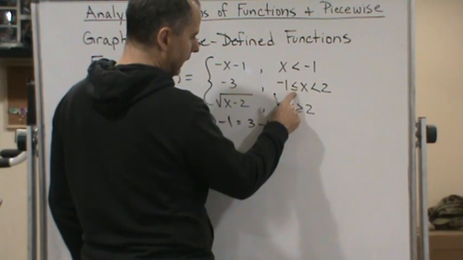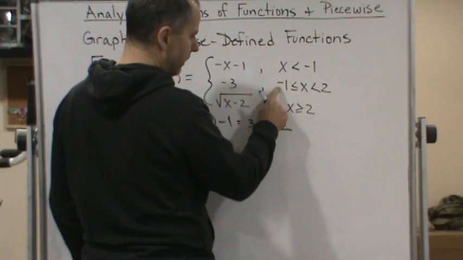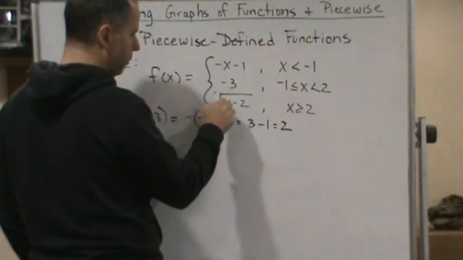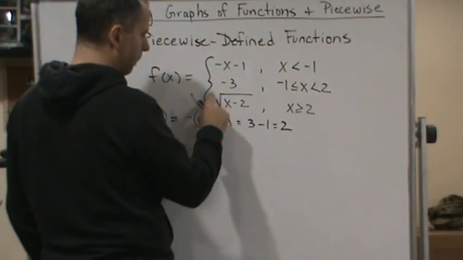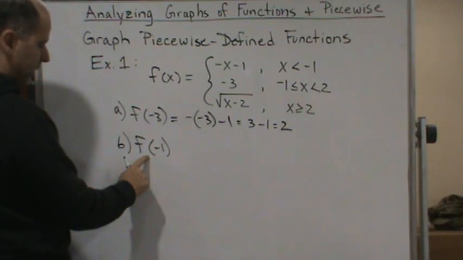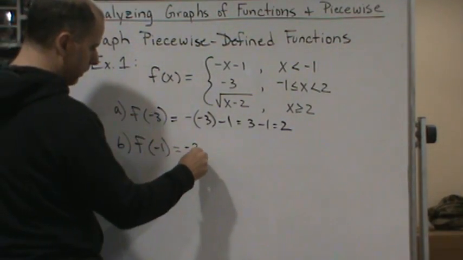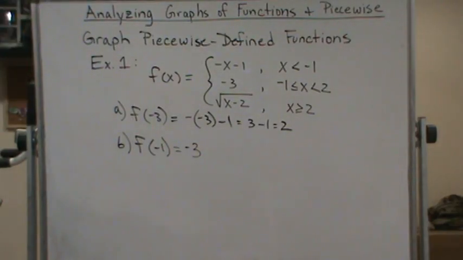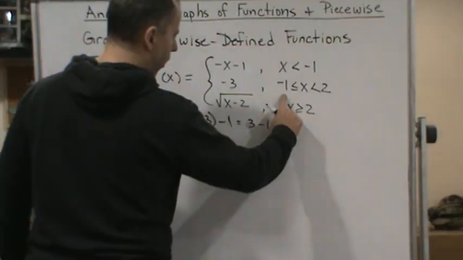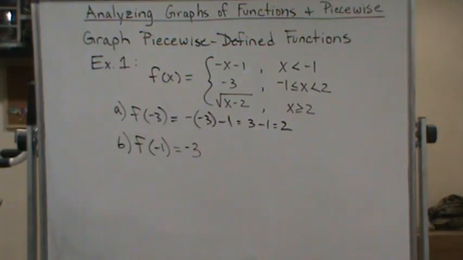The equal sign here tells you that -1 is included in this interval. So we're going to use this rule here, -3. That means f of -1 is equal to -3, because f of x for all values in this interval is equal to -3.